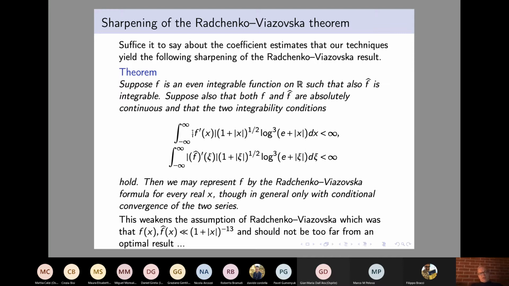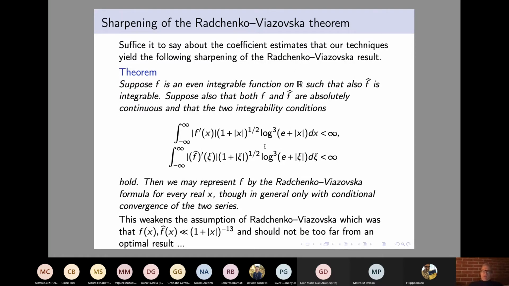So the result we have is that you can do this Fourier interpolation if f and f hat should be in L1, that is more or less clear, and we add a little bit more, that the derivatives of f and f hat are integrable against these weights. I would be surprised if you can do it much better than this. We are getting pretty close to what is possible. Okay, but that's a technical thing.